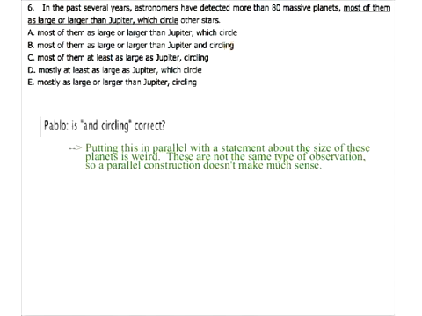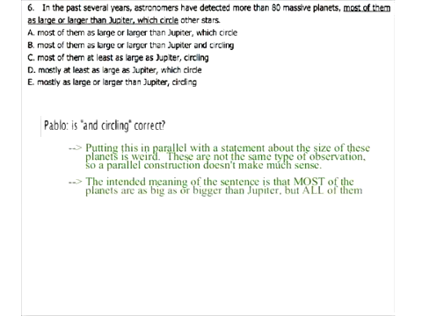The other thing about this is that the intended meaning of the sentence is that most of the planets are as big as or bigger than Jupiter, but all of them are circling other stars.